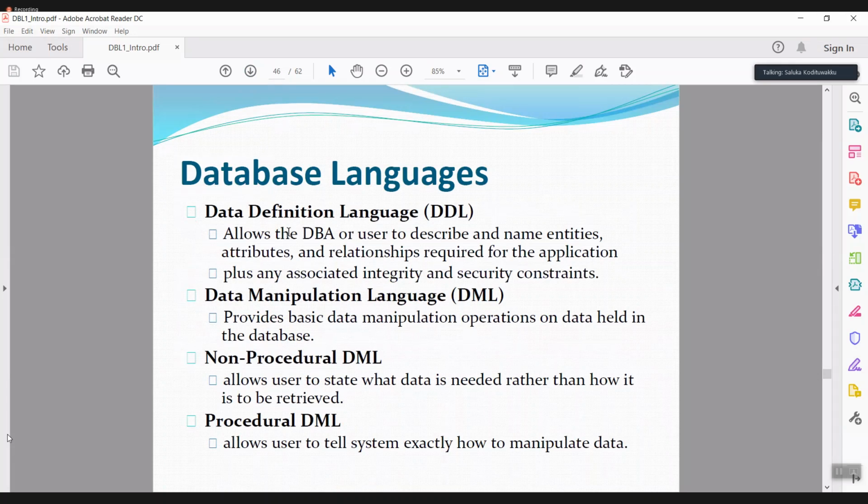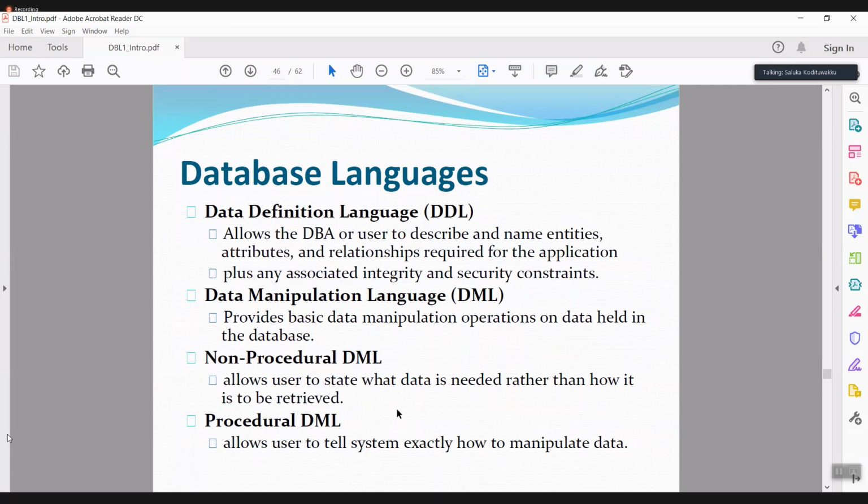And then we already talked about the DDL and the DML. The other one is the non-procedural DML. In this case, users can state what data is needed rather than how it is to be retrieved. For example, the procedural DML, because the database is structured, allows accessing or retrieving data by considering the structure of the stored data.